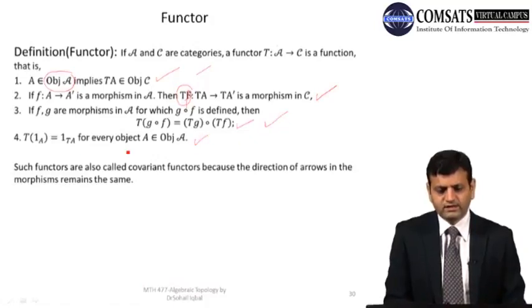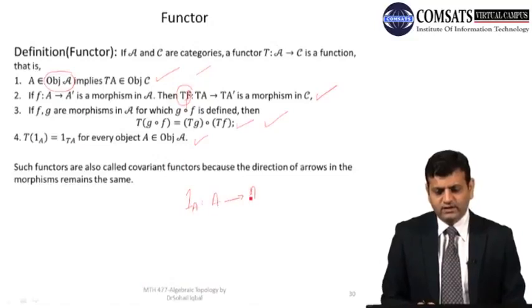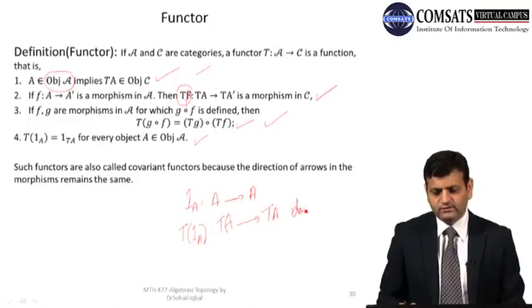And it will take identity elements to identity elements. For example, if 1A is the identity from A to A, then the functor takes it to the identity on TA, the image of A under the functor T.